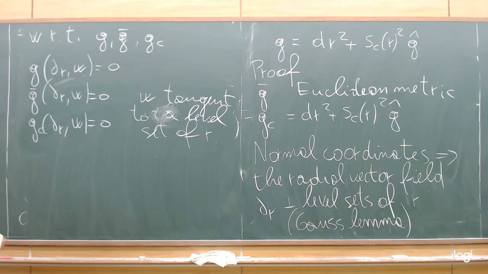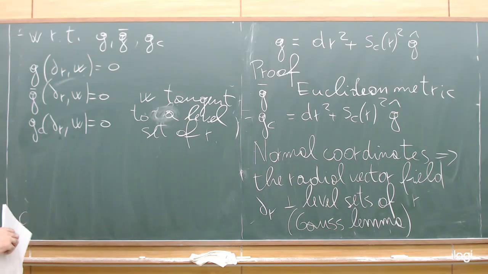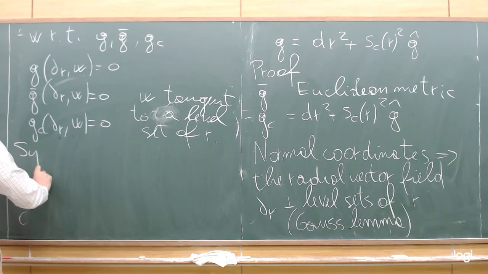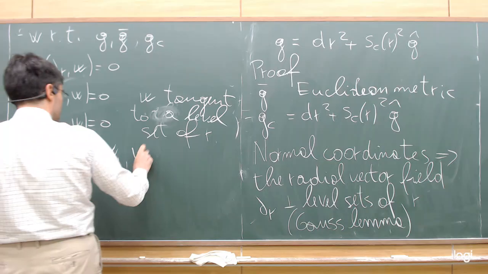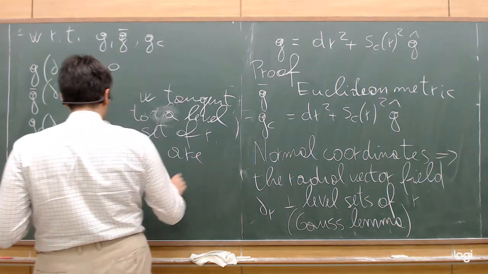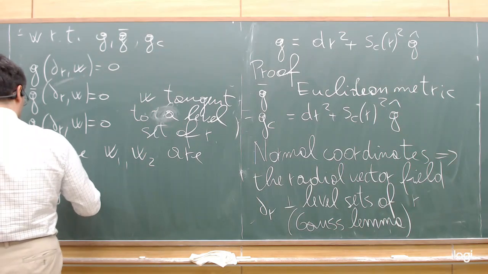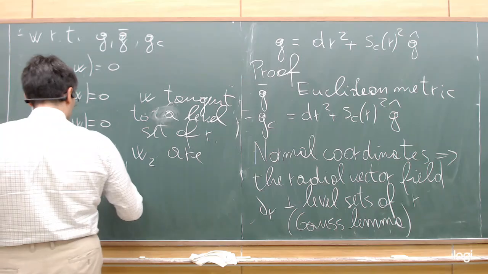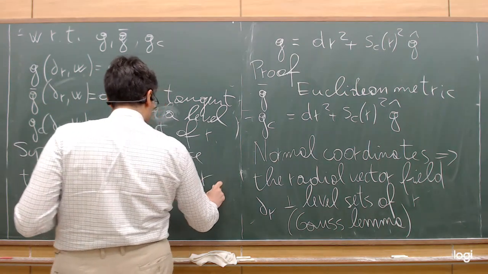What about the product of two tangent vectors? So suppose that W1, W2 are tangent to a level set of r.